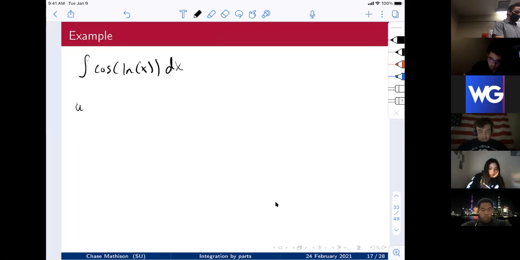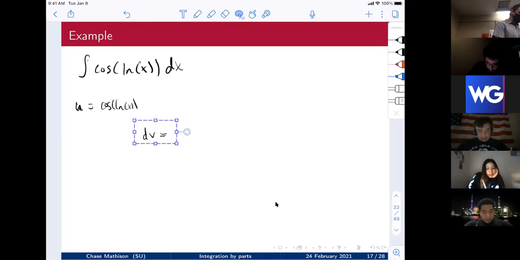Well, I'm telling you guys that you need to use integration by parts again. The only choice that I have is to make u cosine of natural log of x, because that's the whole thing we're trying to find. I don't know how to do that integral, so I can't make it dv because I would have to integrate it. So it has to be u.